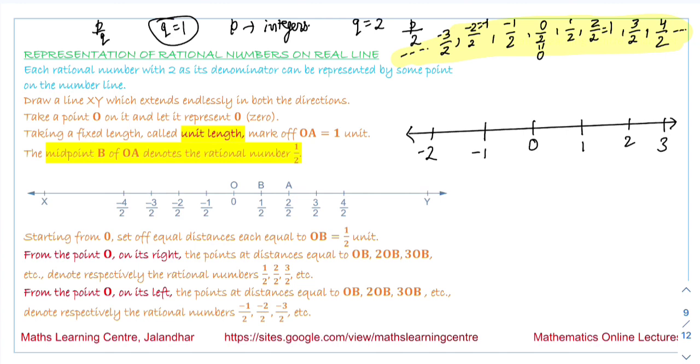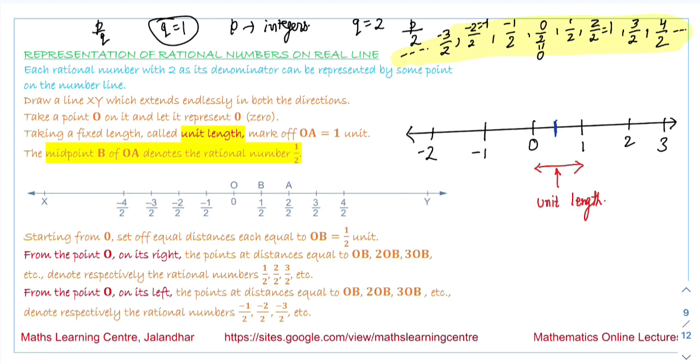To do this, we have drawn the number line of the natural numbers. This length 0 to 1, we call this length the unit length, and we divide this in two parts. To divide it in two parts, we mark a point over here.